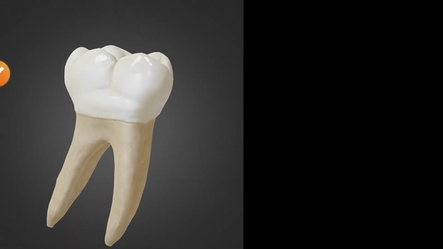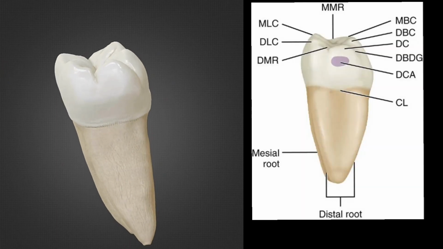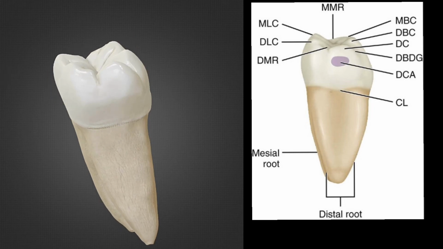While on the distal aspect, the crown is again rhomboidal in shape, and because the crown is shorter, most of the buccal, lingual and occlusal surfaces can be seen. A greater part of the occlusal surface is seen in this aspect.